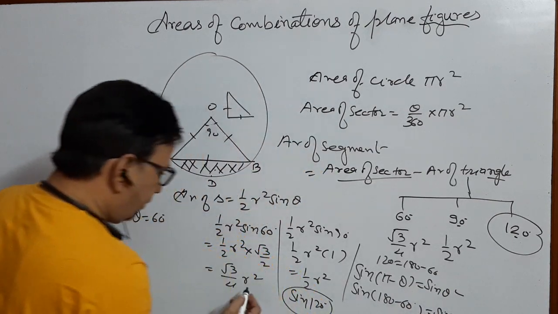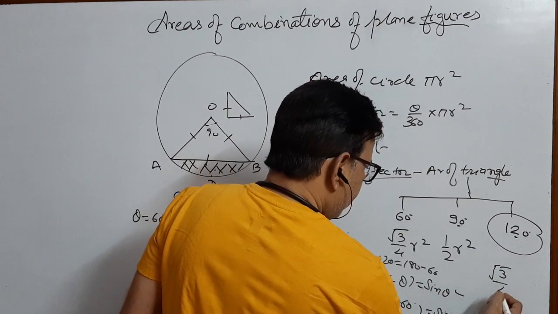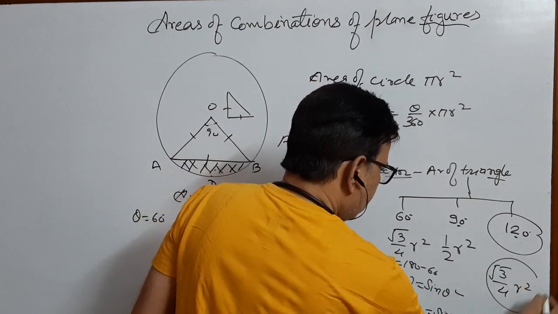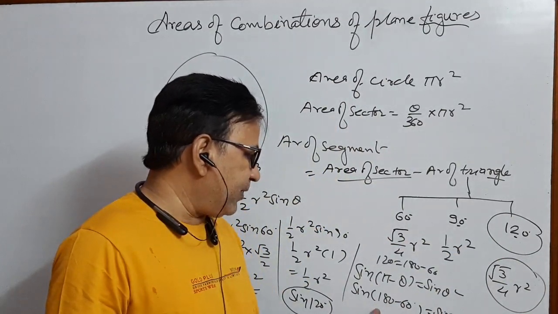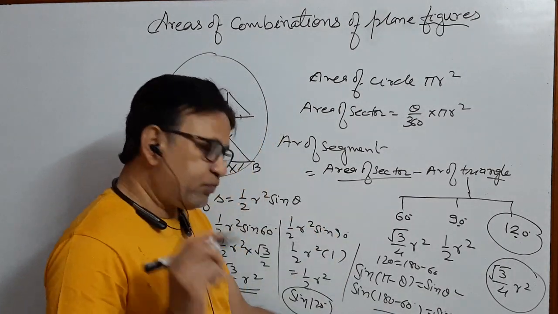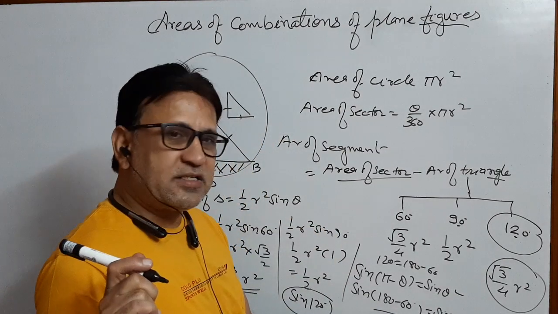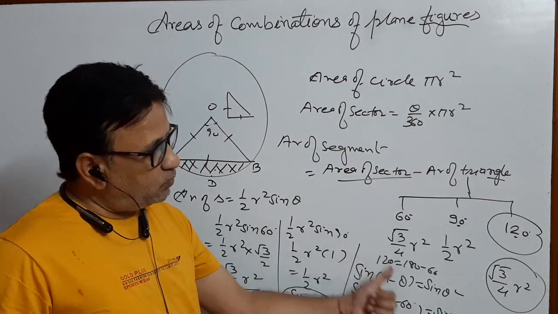In sine 60, you know, it is root 3 by 4 r square. Once again we will get the same value for 120, because sine 180 minus theta is sine theta. For that, you can see my video in the trigonometry chapter. Easily you can understand it. There is no need to break this half r square sine theta into 2 sine theta by 2 cos theta by 2.